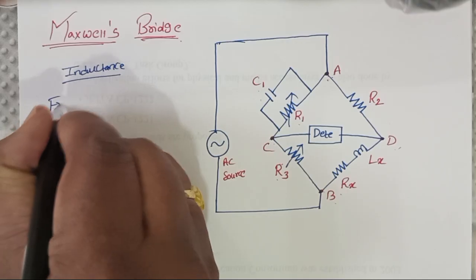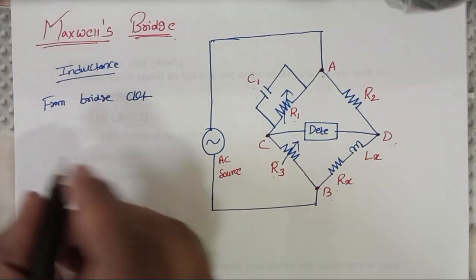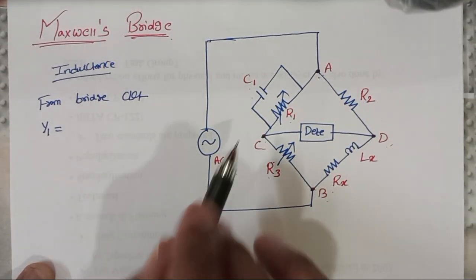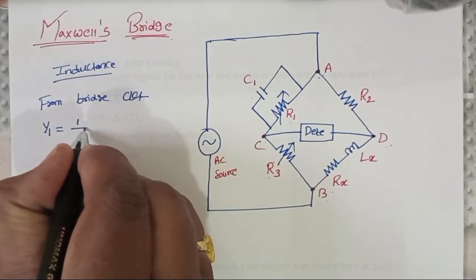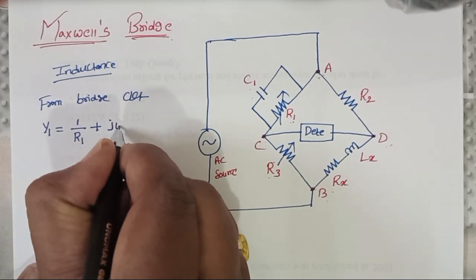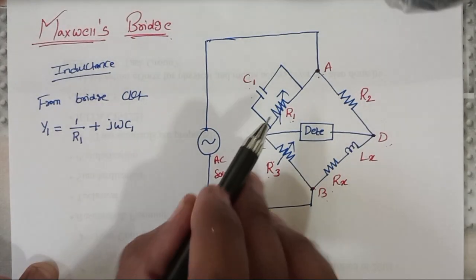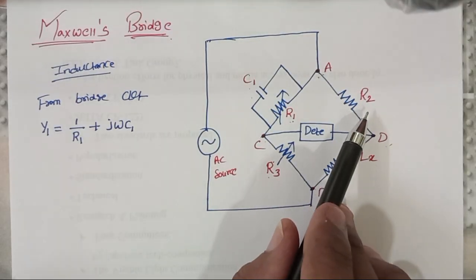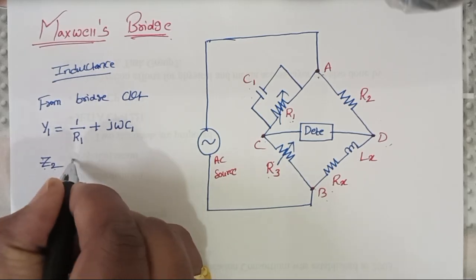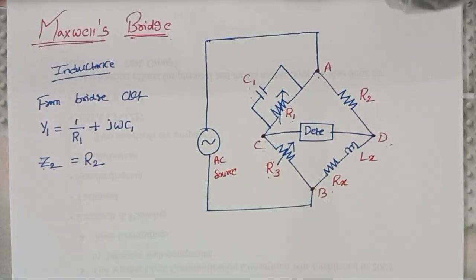So from the bridge circuit, Y1 is equal to 1 by R1 plus j omega C1, for the first arm. The second arm has only a resistance, so Z2 is equal to R2.